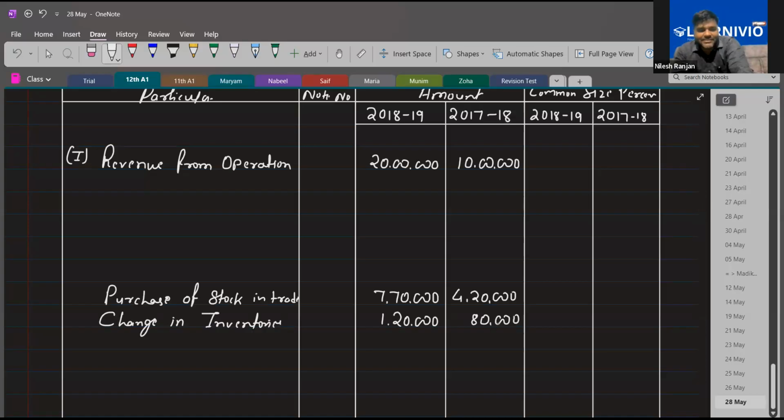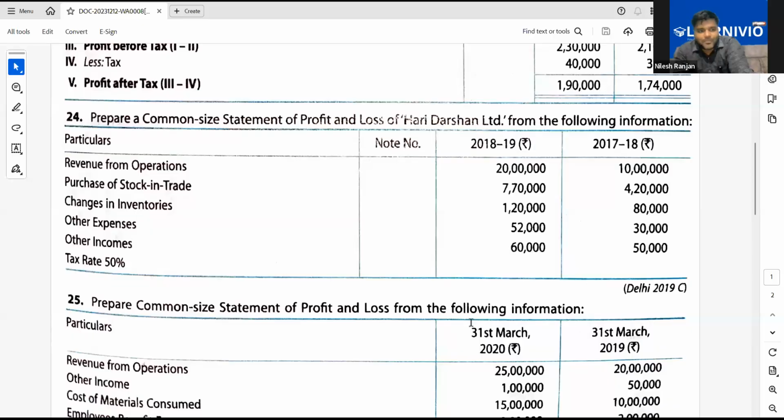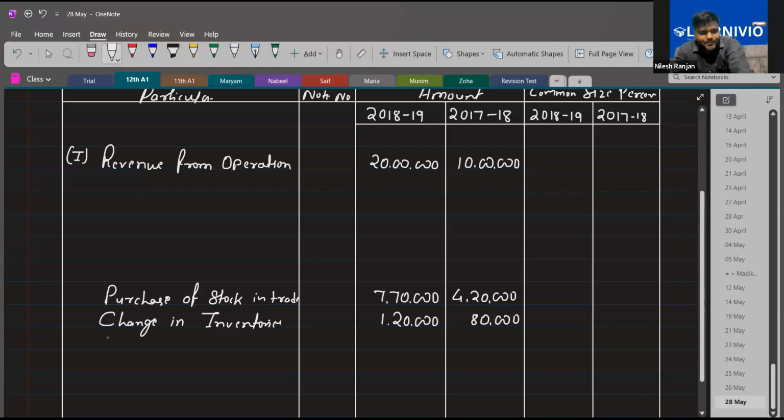1,20,000, 80,000. Okay. Other expenses, it is 50 to 30,000.